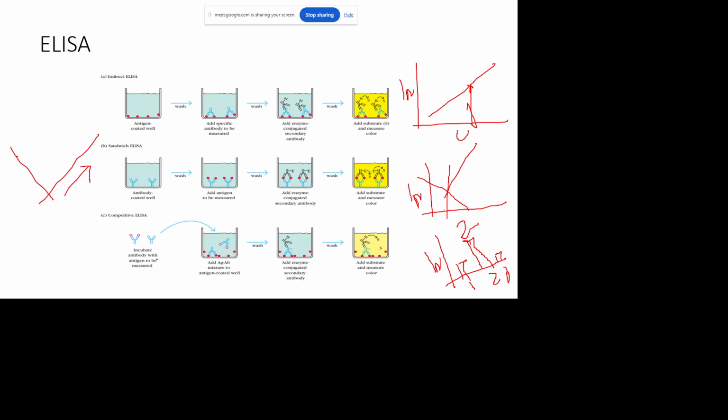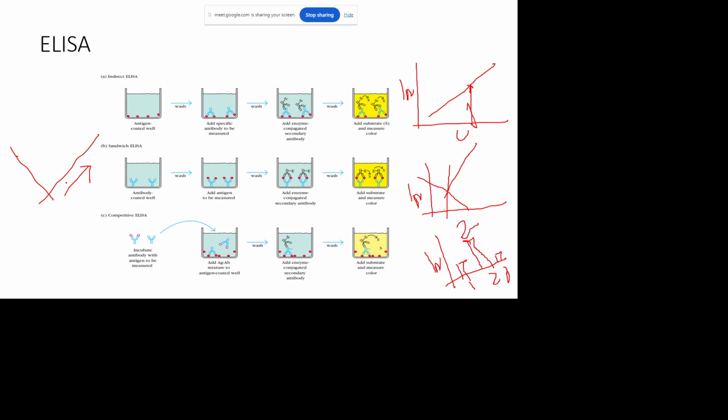Availability of the free antibodies will decrease, right? So you will get a lesser amount of signal, because the free antibodies are the ones which bind to the coated antigen and give you a signal. But if most antibodies are occupied, they will fail to interact with the coated antigen, so the signal will be reduced.